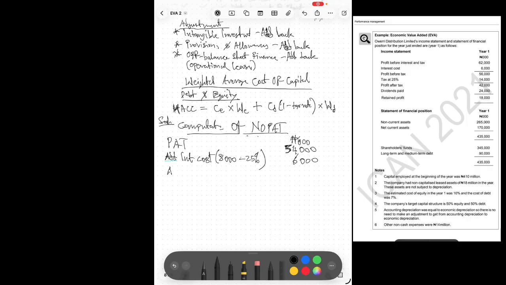Also, we said add back depreciation. But if you check in the question, we are told accounting depreciation is equivalent to economic depreciation. I will do another note, but economic depreciation is the actual market value of the asset, unlike conventional depreciation, where you buy the asset and depreciate it over a period of time.